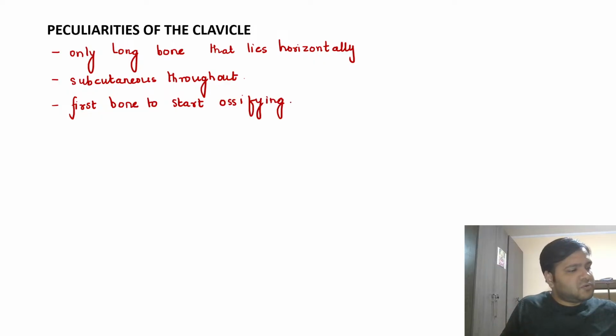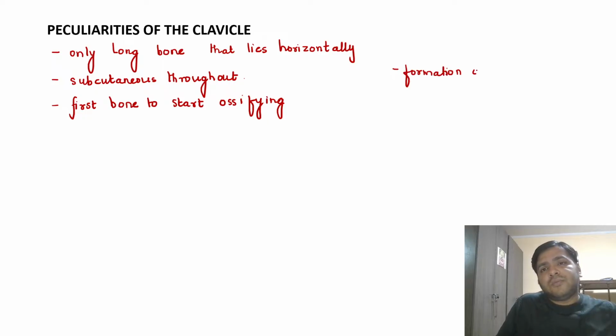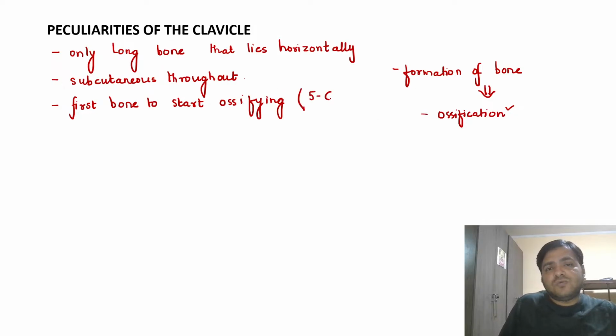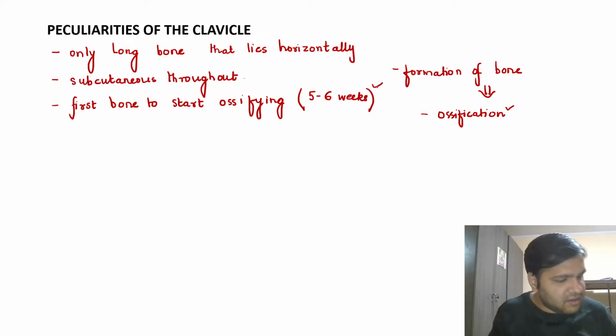When we talk about the ossifying part, remember the formation of bone is called ossification. It is the first bone to start ossifying, usually around 5 to 6 weeks, right?